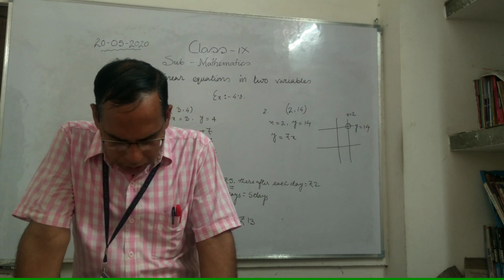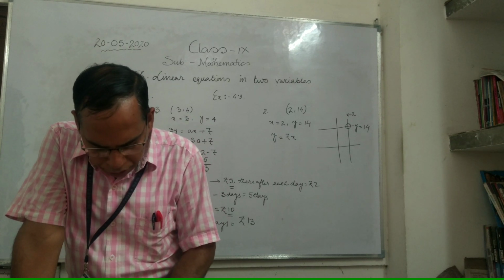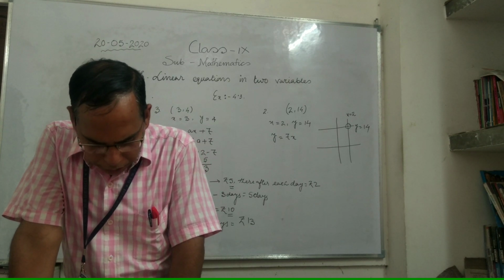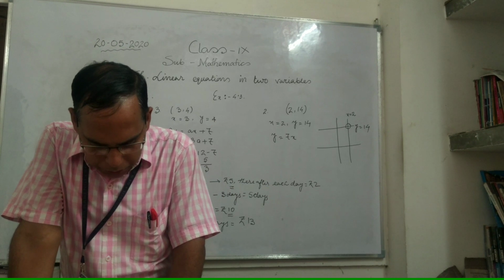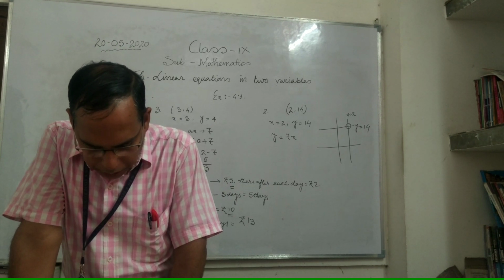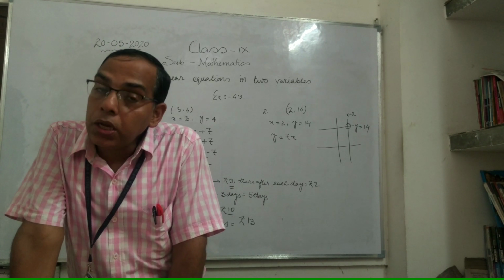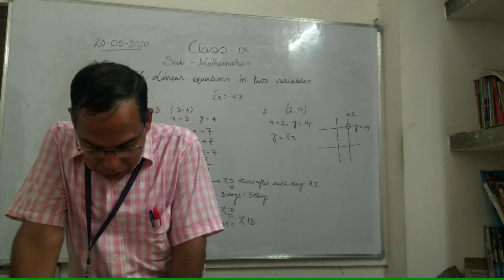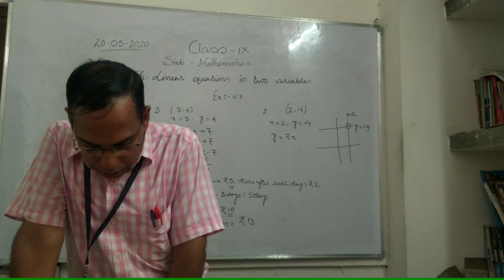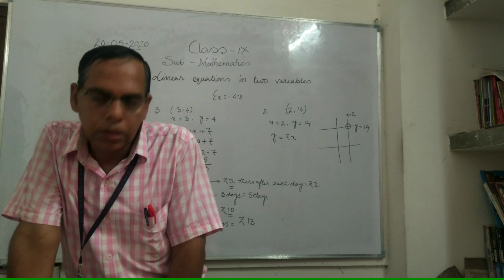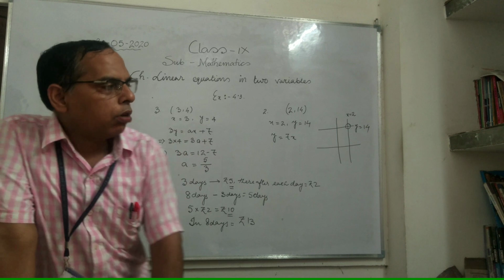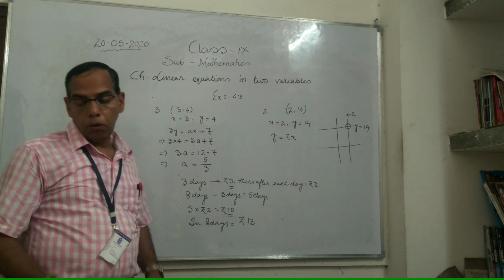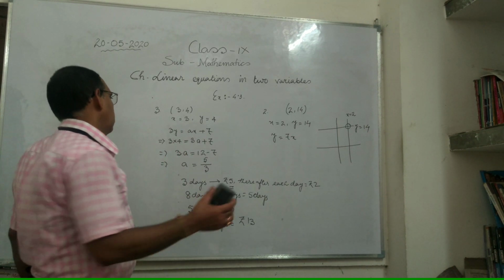Taxi fare in a city is as follows. For the first kilometer the fare is ₹8, and for the subsequent distance it is ₹5 per km. Taking the distance covered as x and the total fare as ₹y, write a linear equation for this and show its graph. So first of all, you have to form a linear equation. Okay. So let's see.